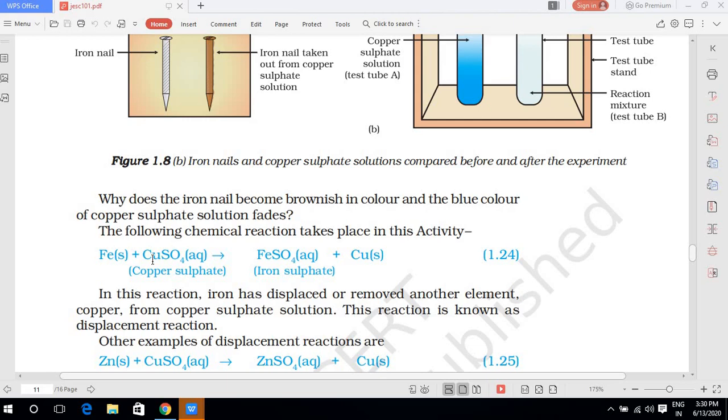That is why it is called the displacement reaction. The sulfate group from copper sulfate changes place and joins the iron group to form iron sulfate. So this kind of reaction is called the displacement reaction.